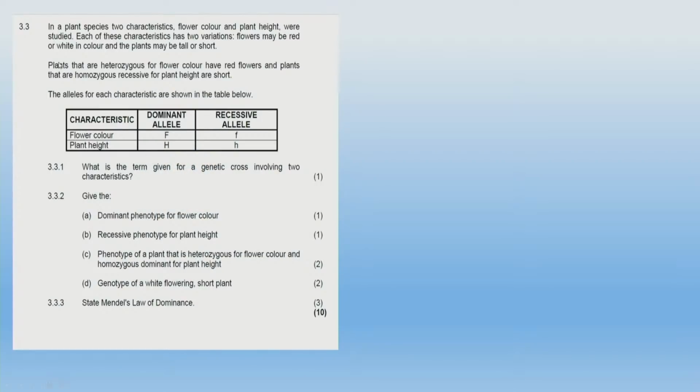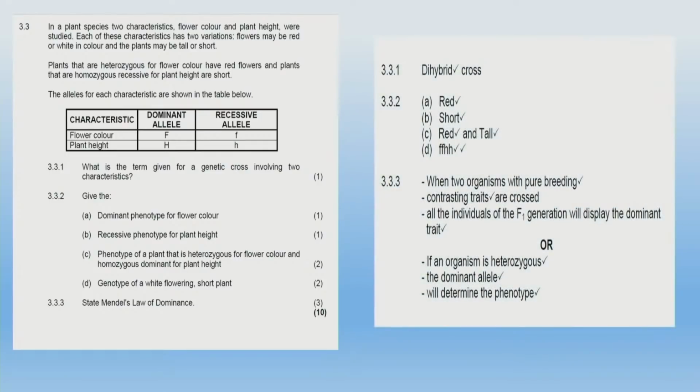And again, dihybrid crossings, another way to ask the questions. This is the same: the dominant phenotype for flower color, then we must name the color. If they ask for the allele or the genotype, you must refer to the allele or the genotype.